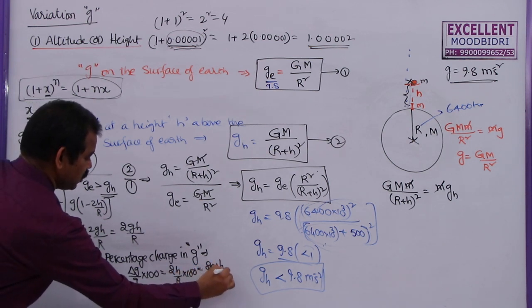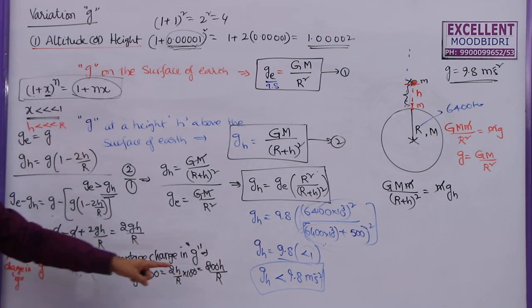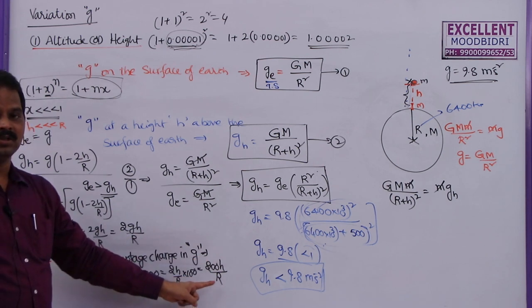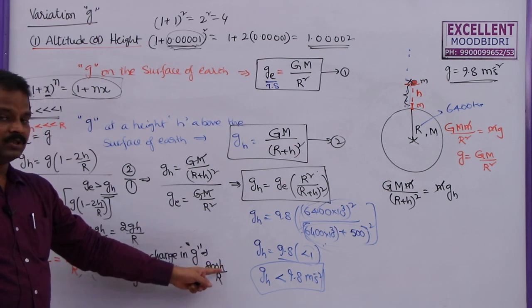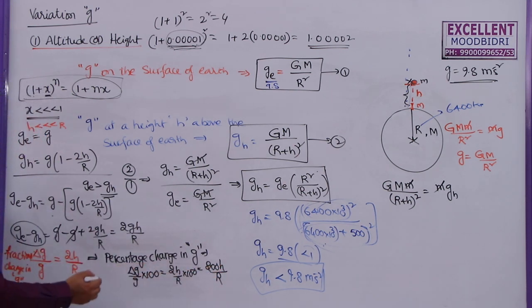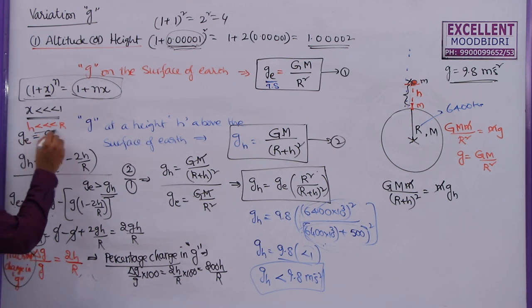This is 200h by r. So if you know the h value, r value is always constant, 6400 into 10 power 3 meters or 6400 kilometers. If h is given, you can find this percentage change in small g as well as fractional change in small g, or change in small g, only if h is very small.